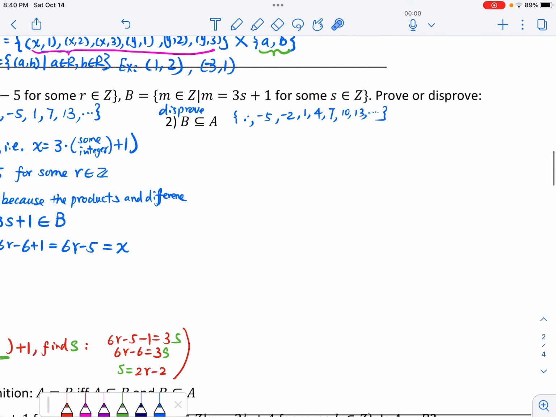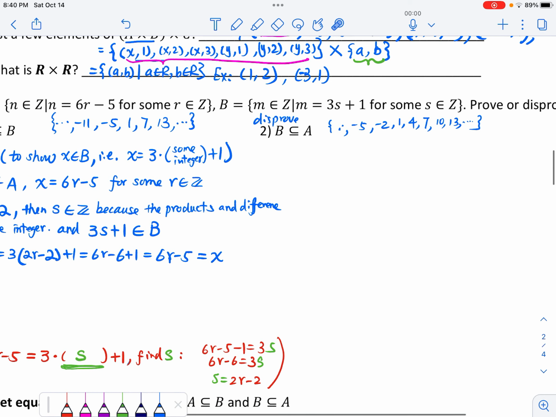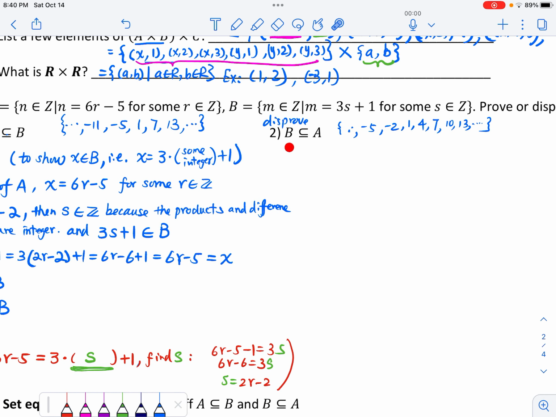Now, let's go back to the second part. We need to disprove that set B is a subset of A. In other words, what I'm trying to say is we want to show that B is a subset of A is false, right?